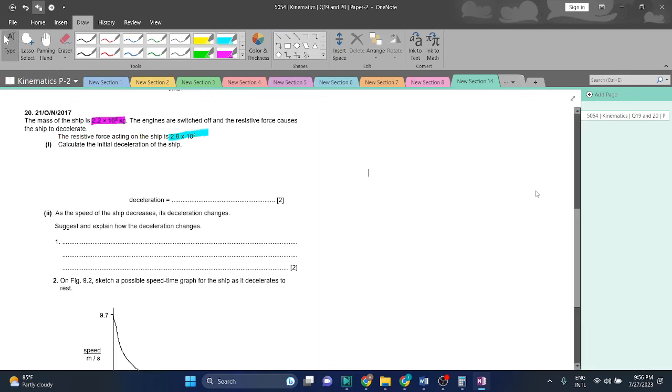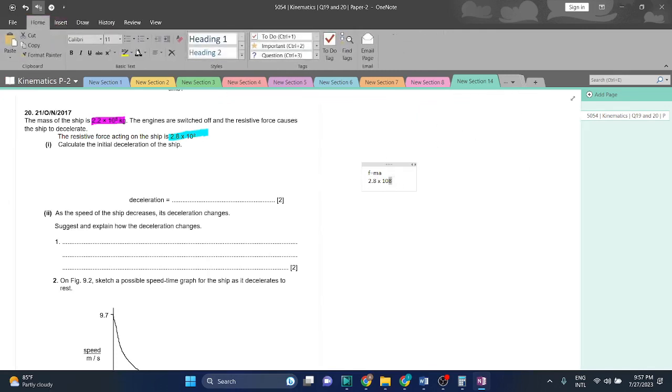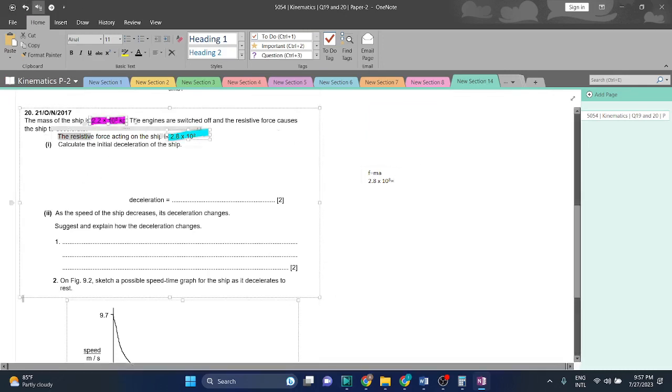अच्छा, we'll use the formula F is equals to ma. Force क्या होगा? 2.8 into 10 raised to the power of 8, ठीक है ना? और उसके बाद the mass will be this.